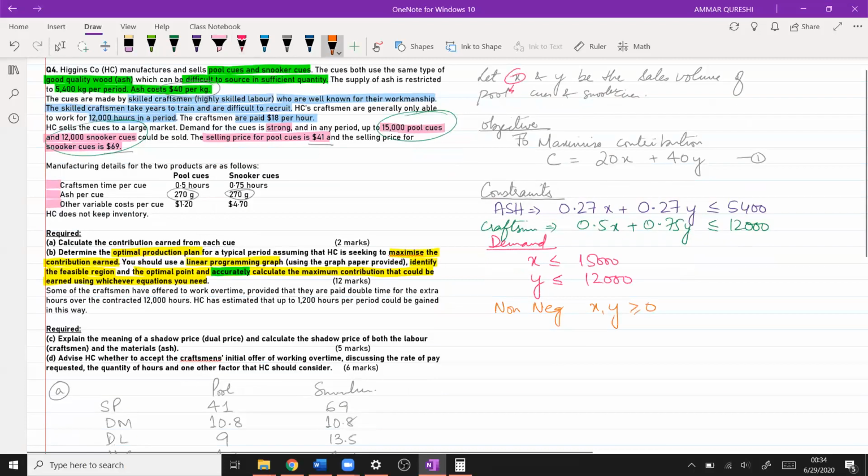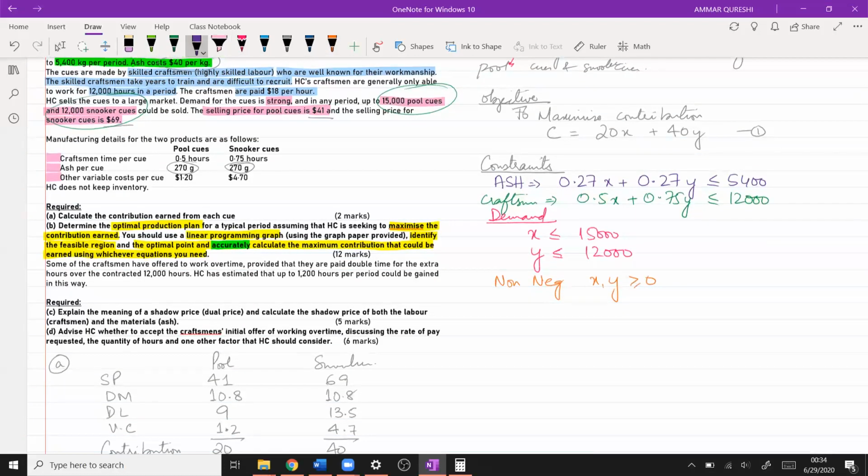So now we have to develop some points for the graph. This is the graph area, right? Let's start calculating the points for ash. 0.27 of x plus 0.27 of y should be less than or equal to 5,400. Let's equate this.